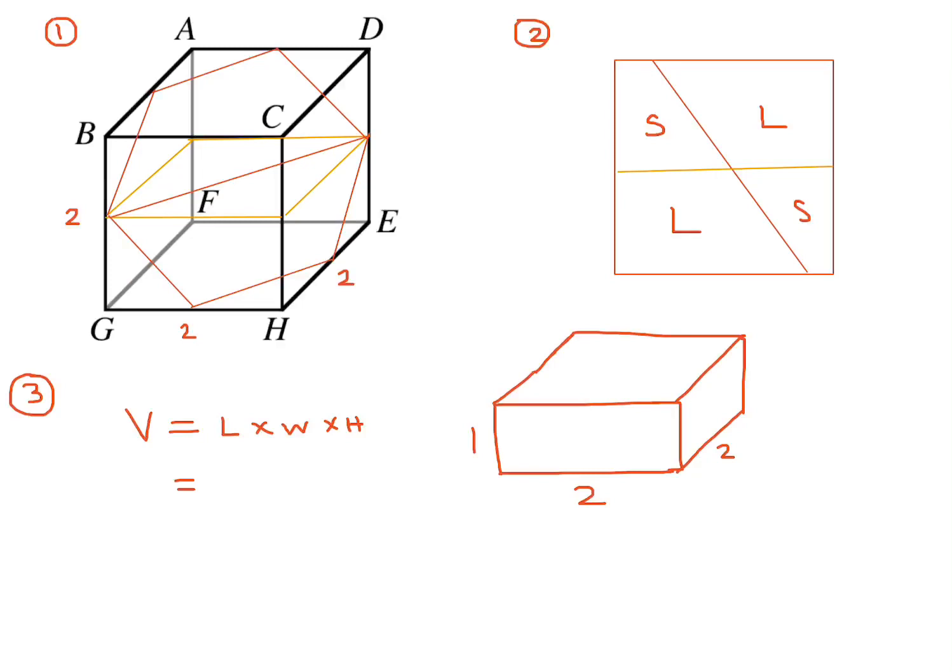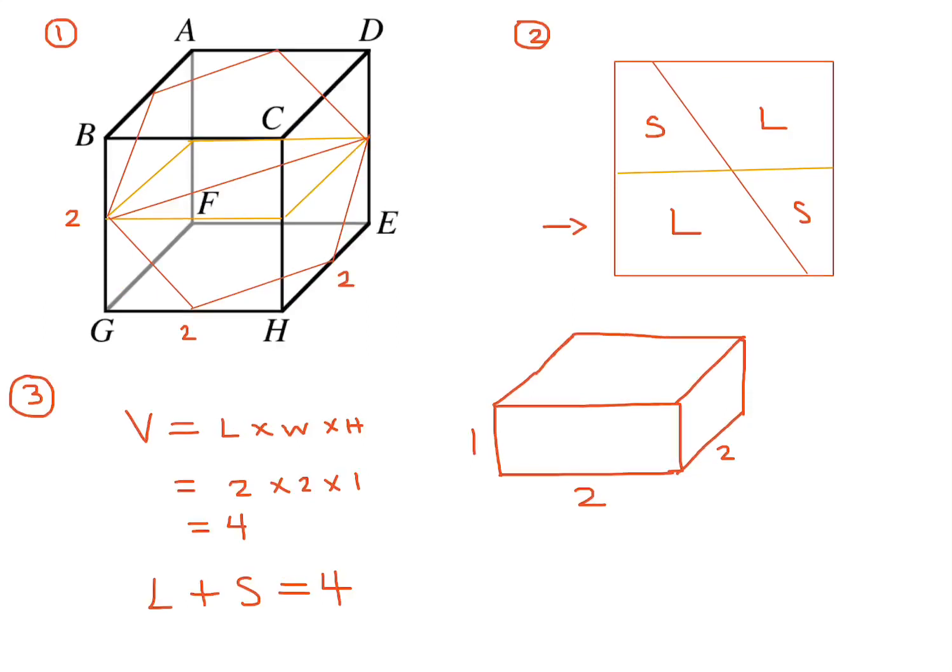And this little chopped section that I drew represents the bottom half. And therefore that volume should be pretty easy to figure out. 2 times 2 times 1. So that's 4. So that means L plus S is equal to 4. The large piece and the small piece are equal to 4. That's very important. That's going to come back later in the question.